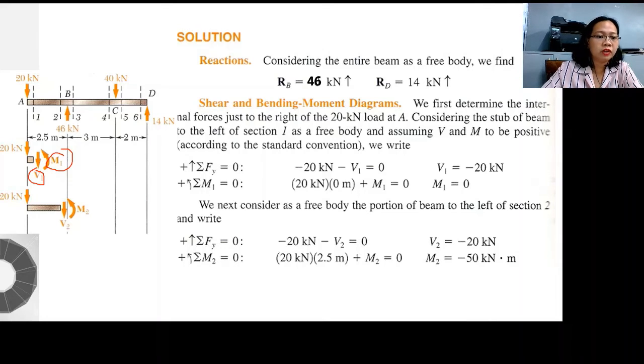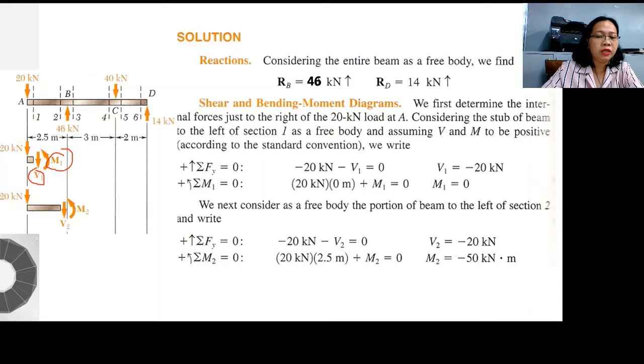So summation of all forces here is equal to negative 20 since it's down, minus V1 is equal to 0. And don't be confused, because when we sum all forces, let's go back to the general sign convention, that all forces going down is negative and all forces going up is positive. So this is negative 20 minus V1 is equal to 0.